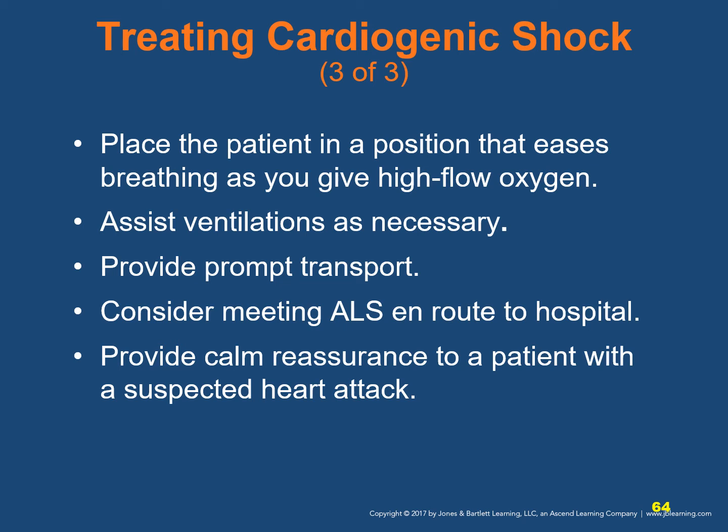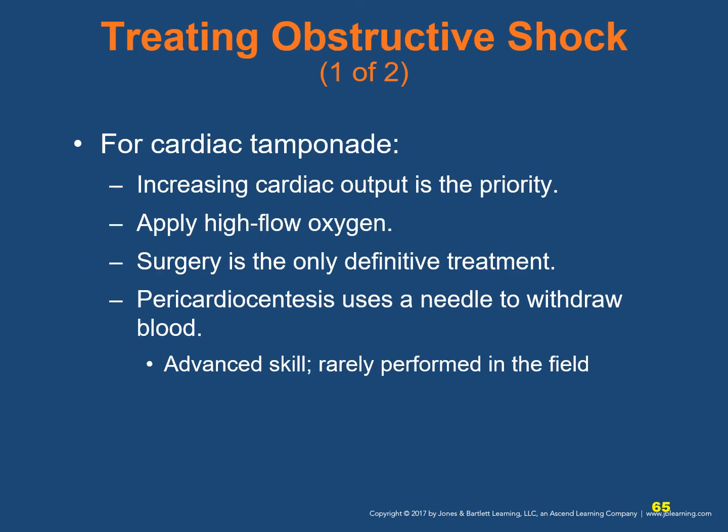If ALS is not already on the scene, consider a rendezvous en route to the hospital if available. Provide calm reassurance to the patient who has had a suspected heart attack. Treating obstructive shock: for cardiac tamponade, increasing cardiac output should be the priority. Apply high-flow oxygen. Surgery is the only definitive treatment.